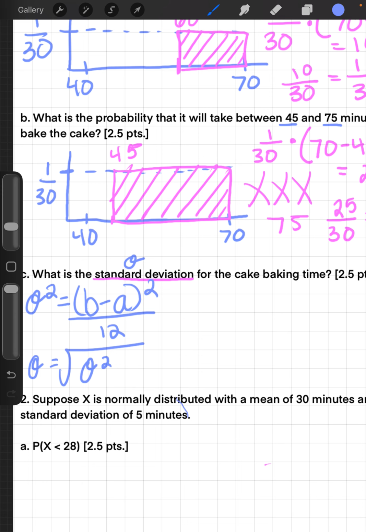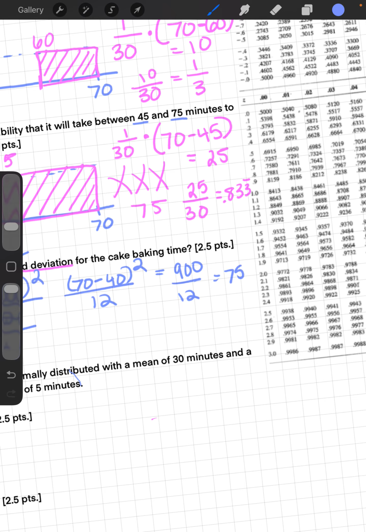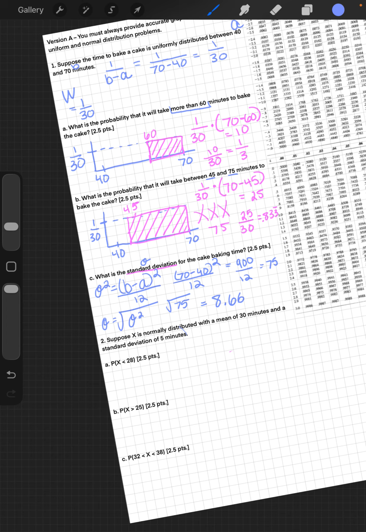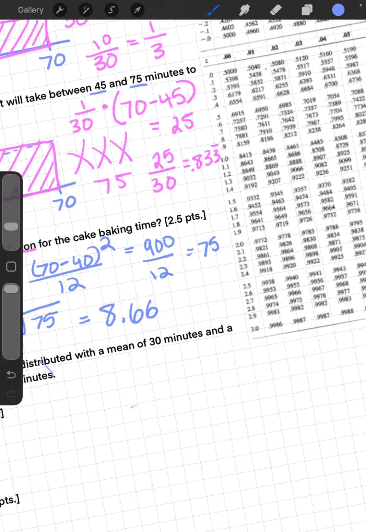So our b was 70 minus 40 squared over 12. 40 squared, that's 900. And I have 75. And the square root of 75 is 8.66.